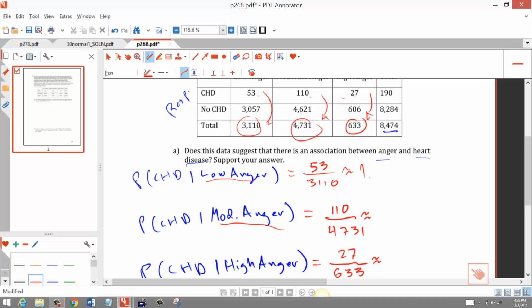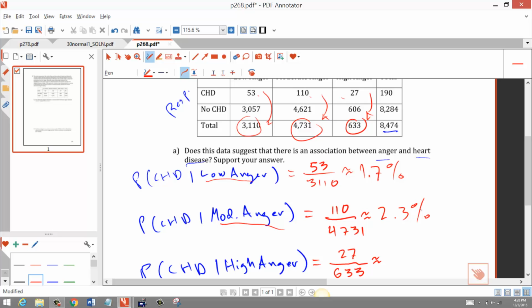I get about 1.7%. 110 divided by 4,731 is going to be 2.3%.